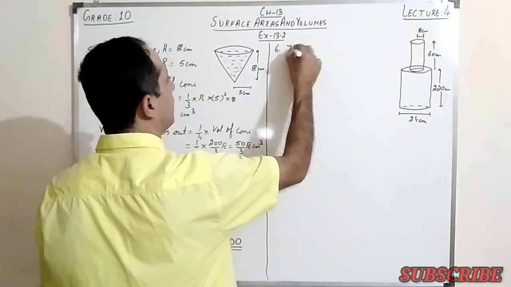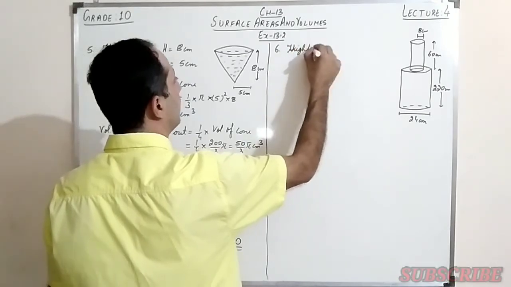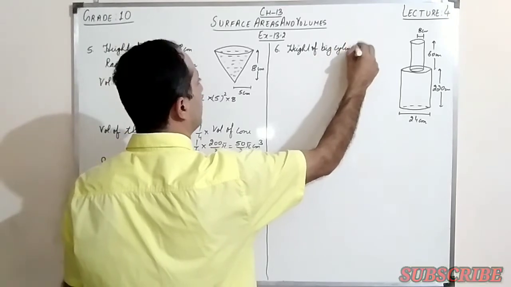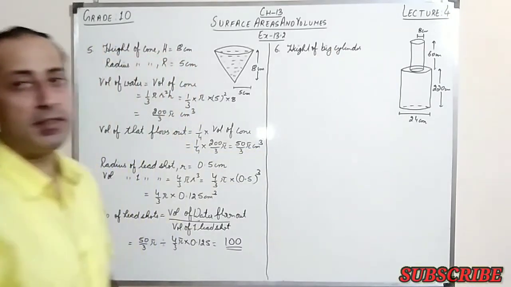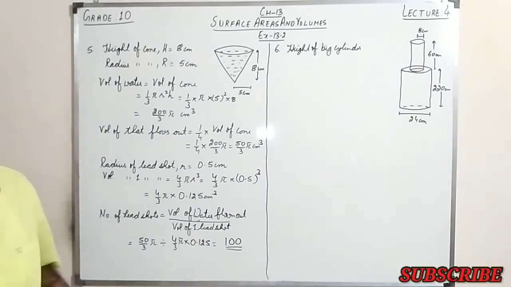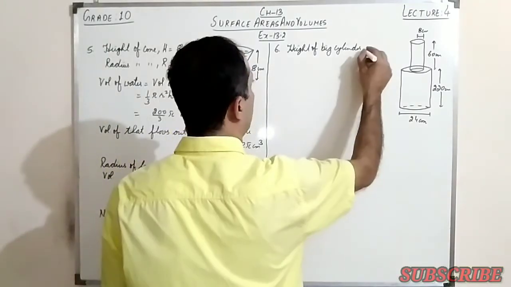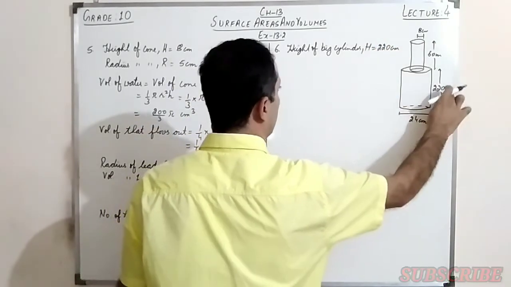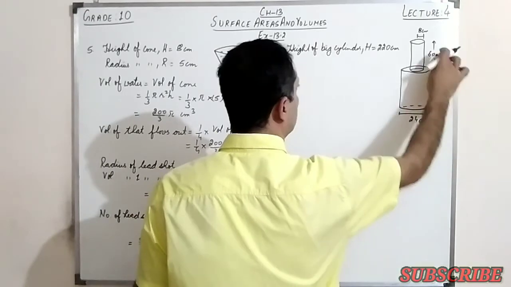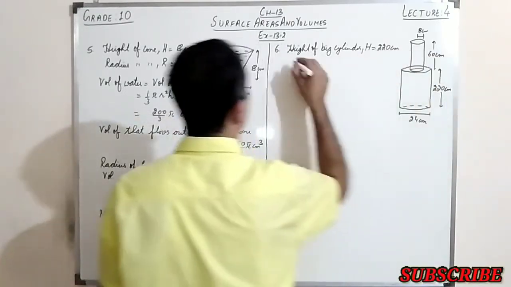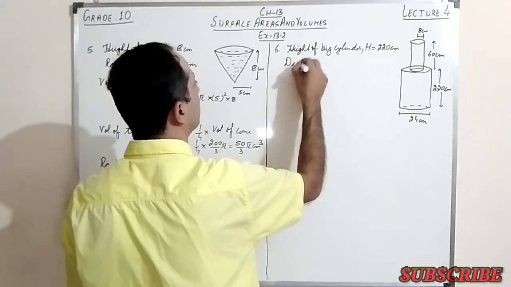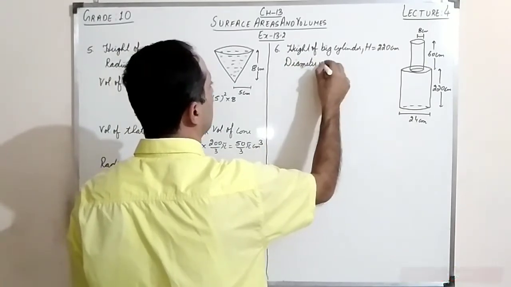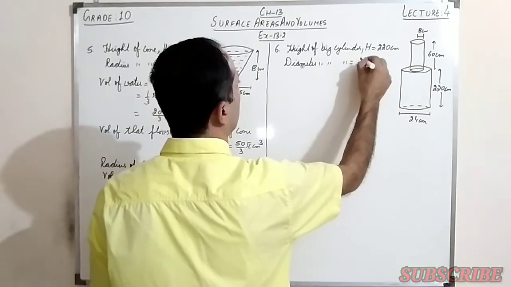Now height of big cylinder. So we have two cylinders, so we write big and small, and since they have different measurements, different height and different radius, so what we do, we use different symbols for them. So height of big cylinder, h equals 220 centimeter and diameter of big cylinder is given as 24.